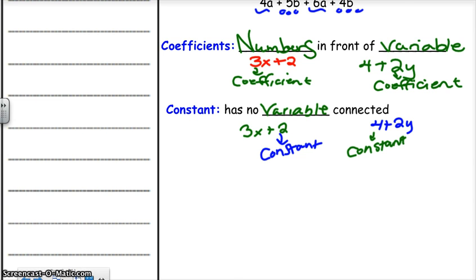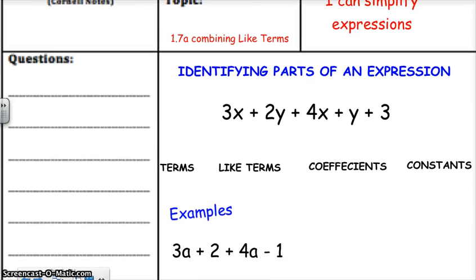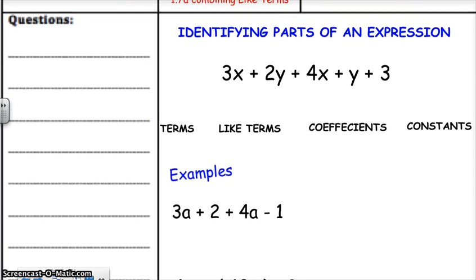Okay, next page. All right, we're going to identify parts of an expression. And when I identify, I'm just labeling. So I have this expression, 3x plus 2y plus 4x plus 3. That's just the expression. I'm not doing anything with it. I'm looking at this next line. And I want to know what are the terms of my expression. What makes up the expression? Judah, give me one. 3x is one term.